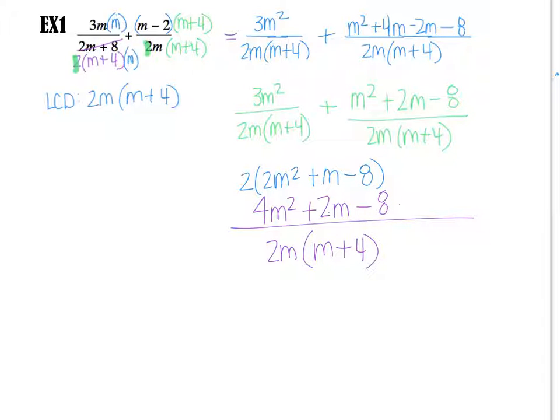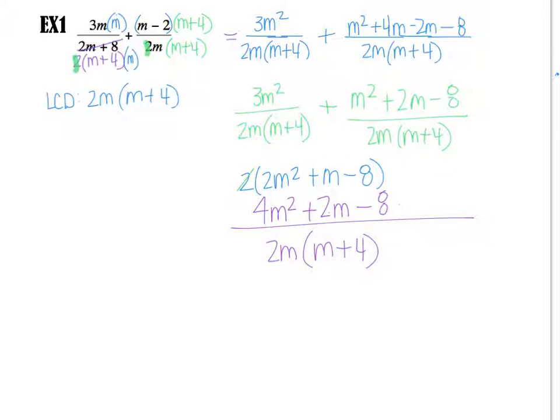And when I look at that, I think about, can I factor that even further? So if I were to multiply, it'd be a times c, which is negative 16. So are there any factors of negative 16 that give me 1? And there aren't. So I can't factor this any further. If I could, I would keep going. But I did take out a 2. And is there anything that can cancel?